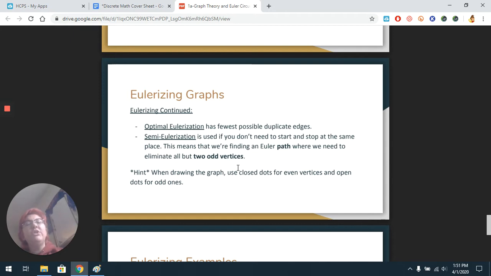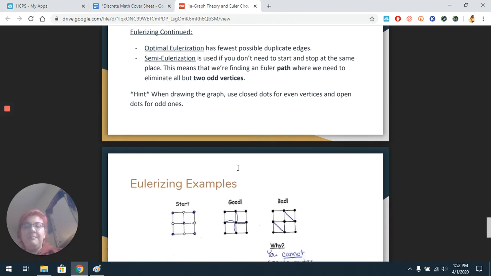When you draw the graph, I suggest using an open dot for every odd vertex, and for every even vertex, fill in the dot. As you make your vertices even, fill in the dots until you have all closed dots for a circuit or two open for a path.